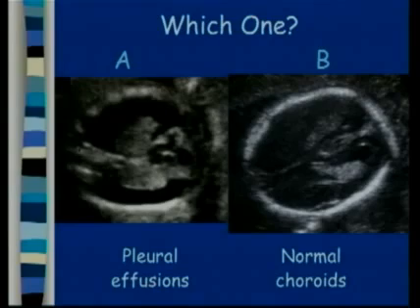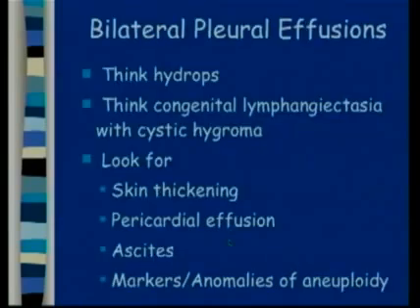Now, how do you tell the difference? Well, a cranium has calcification all the way around. An abdomen or a chest has a spine in the middle if it's transverse, but it doesn't go all the way around. So these are probably bits and pieces of the ribs, and these are the lungs, and the heart is right here in the middle. So what do you do when you think about pleural effusions?